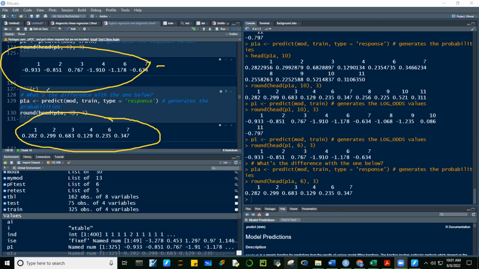Naka-negative po, sir. Negative. Okay, may mga negative at saka positive dito. Pero ano to? What are these? These are your log odds, sir. Yes, log odds ratio to, di ba? Mga log odds ratio yan. Ito naman, guys, ito na yung probabilities, di ba? Pareho lang sila.